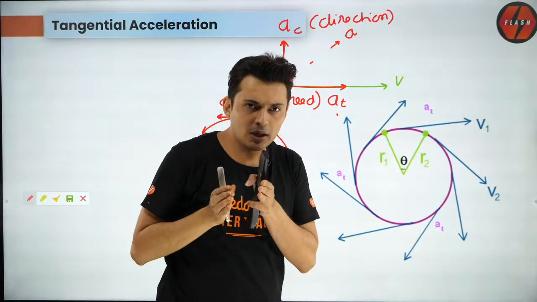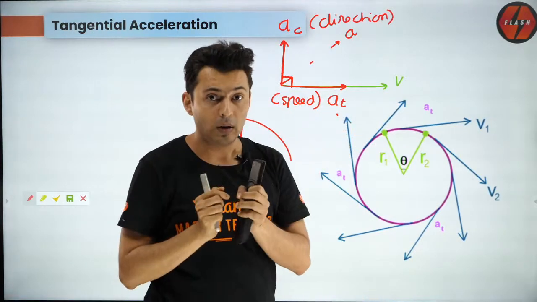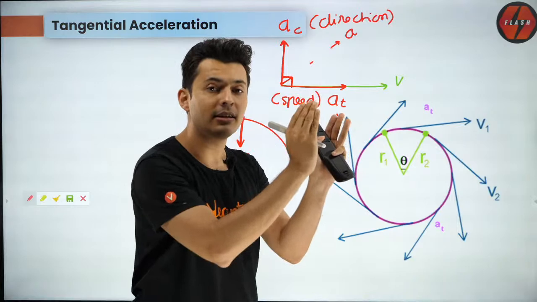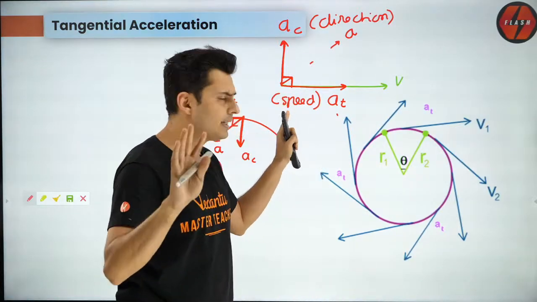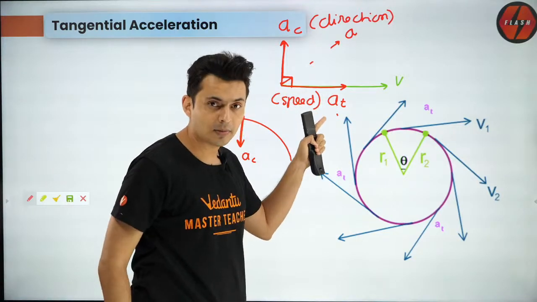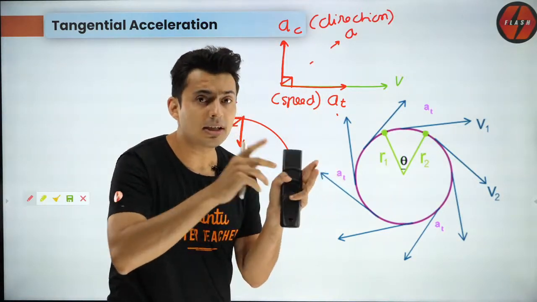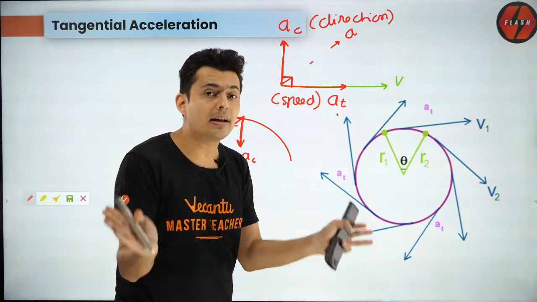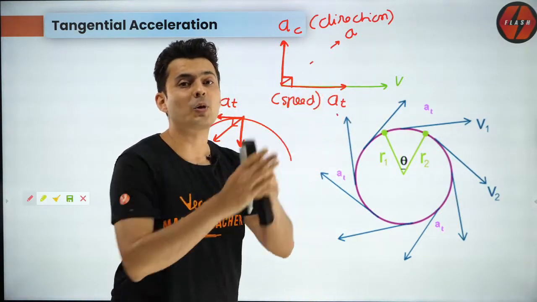When you are going on a curved or circular path, if your speed is increasing or decreasing, the speed change is only because of the tangential acceleration. The direction change is happening because of the centripetal acceleration, and combined together, that is the total acceleration.